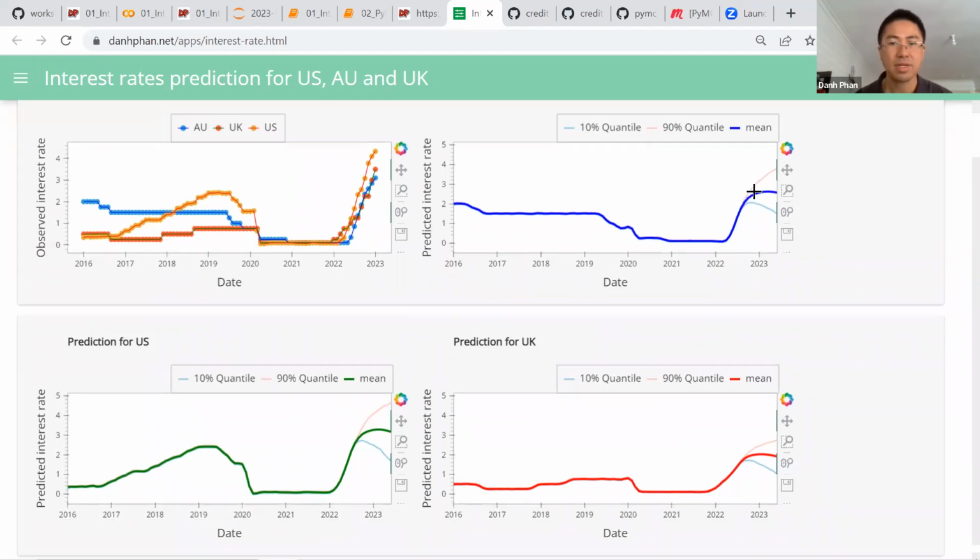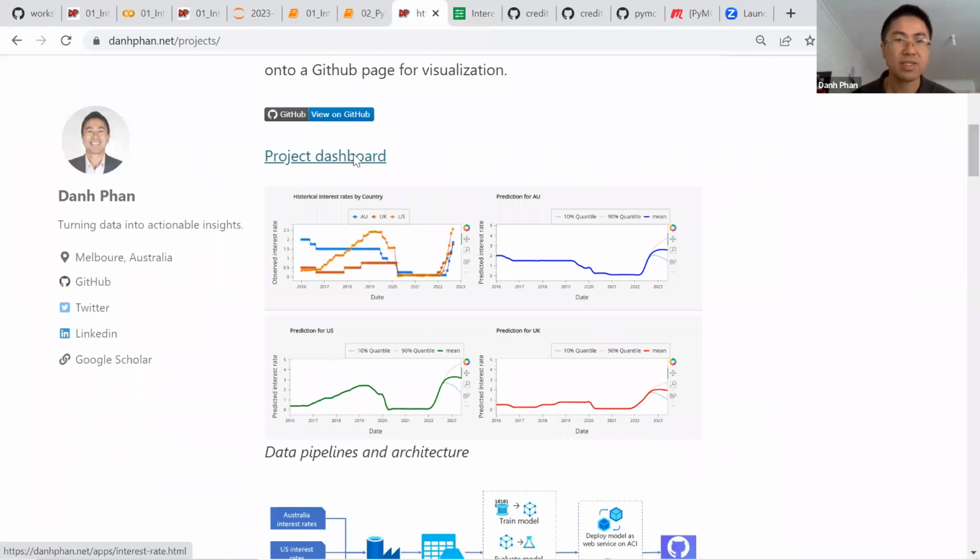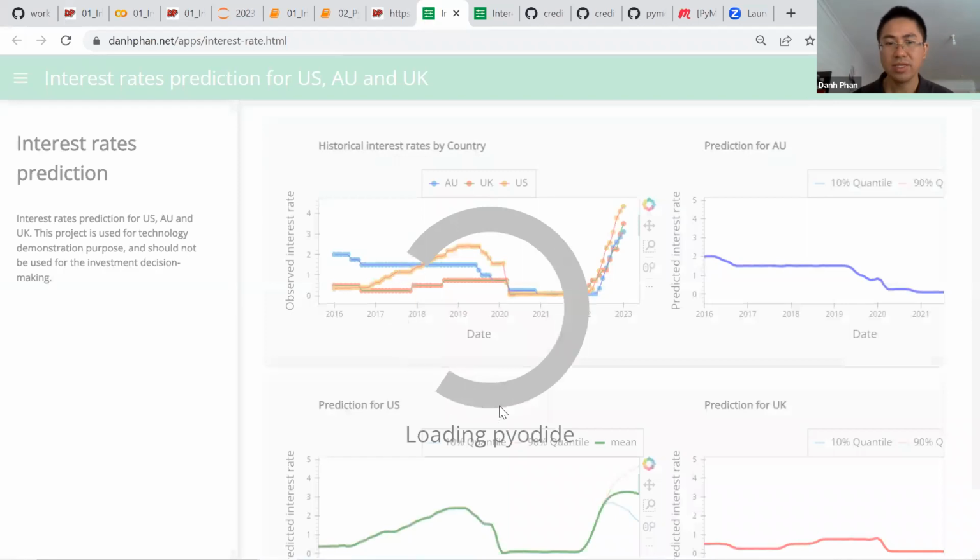This one I use some free Panel Holoviz bucket to visualize it and put it on a GitHub page. If you click on this one, it might run a little slow at the start, because it's loading some packages called Pyodide.